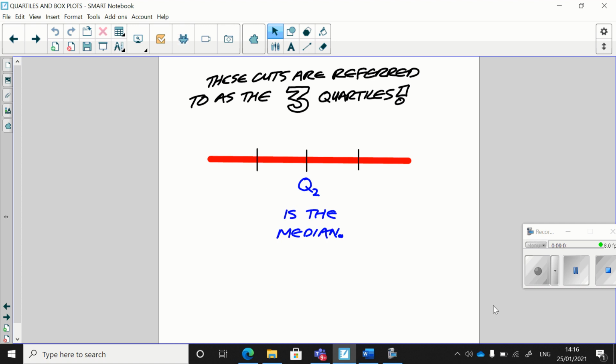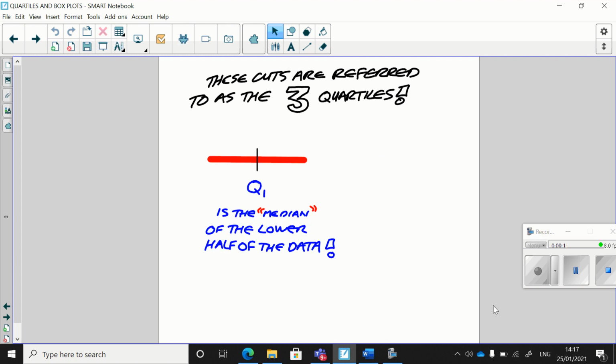Just to emphasize again, the Q2 doubles up as the median, because that's the one in the central position of the entire list of numbers. Well, Q1 is actually the median of the lower half of the data, or the left-hand side as it appears here. So we are looking at medians in a way, but of a subgroup.